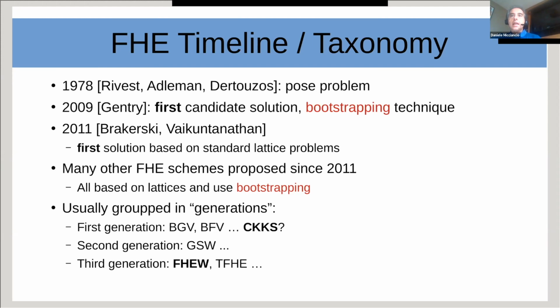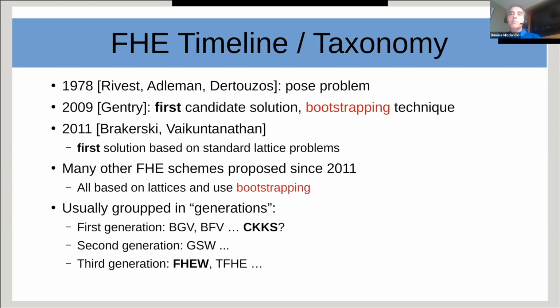And there have been several variants of this scheme, most notably the variant over the torus, TFHE, that has been receiving a lot of attention also because it has a well-developed library and allows one to perform operations in a way that at the high level is essentially the same as FHEW, but with some optimized algorithms for bootstrapping and other operations.